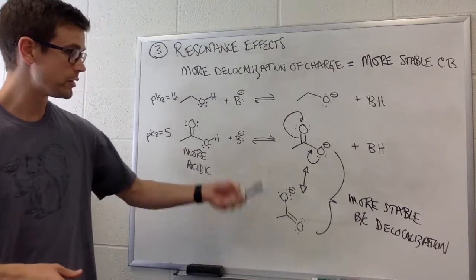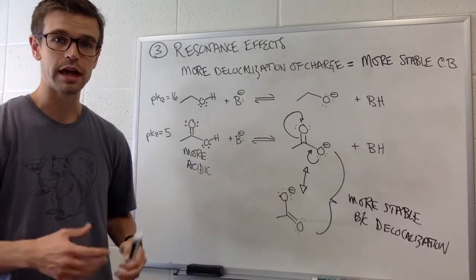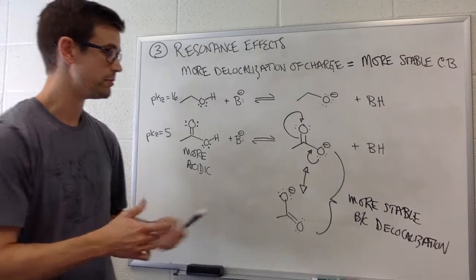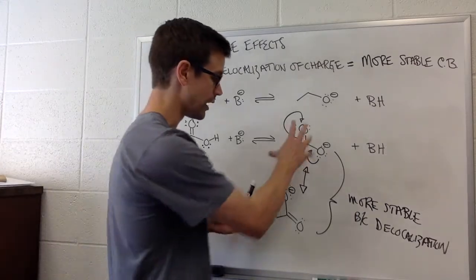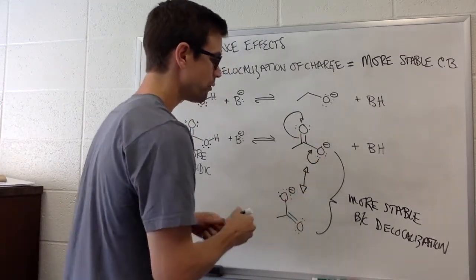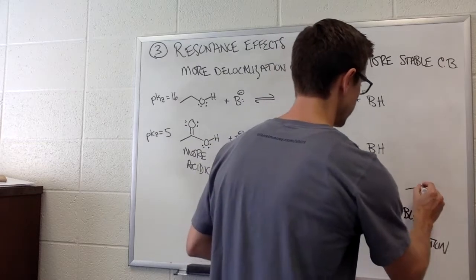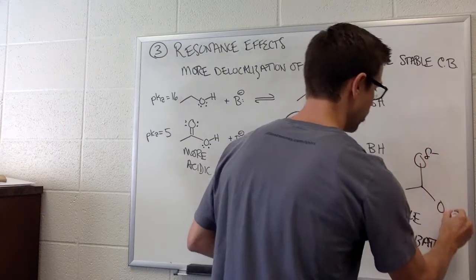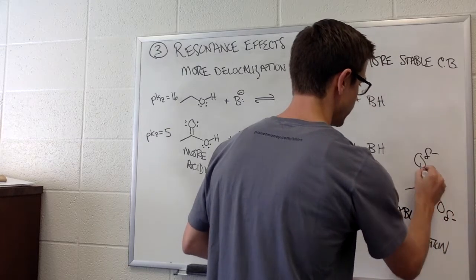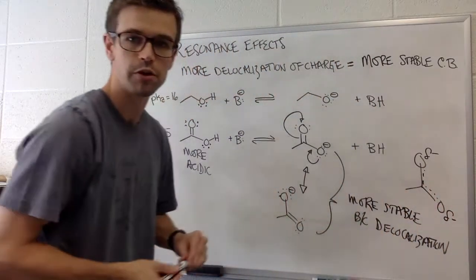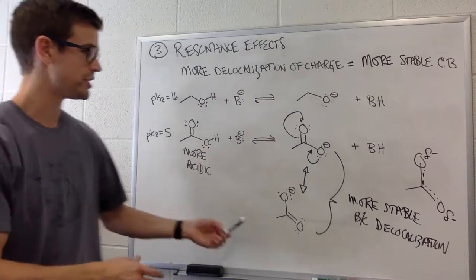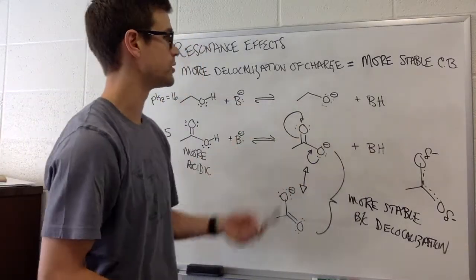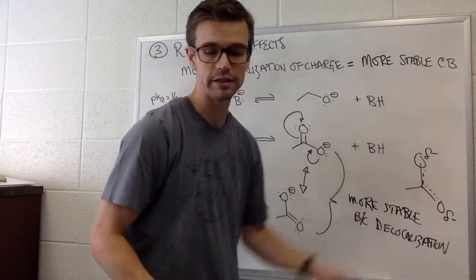And we can also draw the resonance hybrid to kind of further demonstrate that this charge is delocalized. So the resonance hybrid takes both of those into account, and that would look like this, where the oxygen atoms both have partial negative charges on them, and there's a partial double bond between both of those. But that just demonstrates this charge delocalization, making the conjugate base more stable.